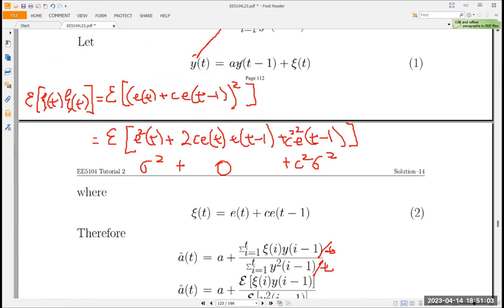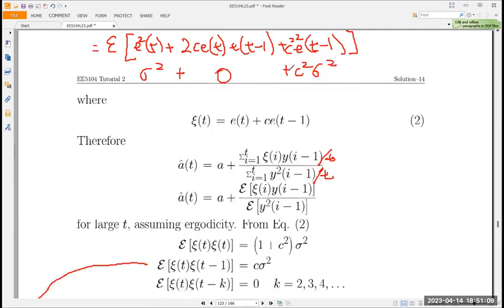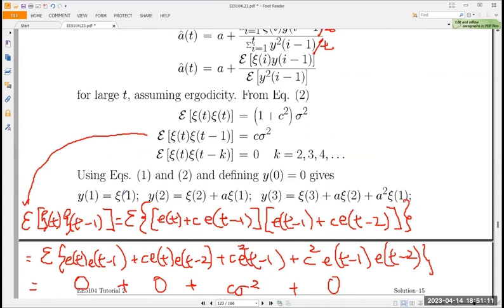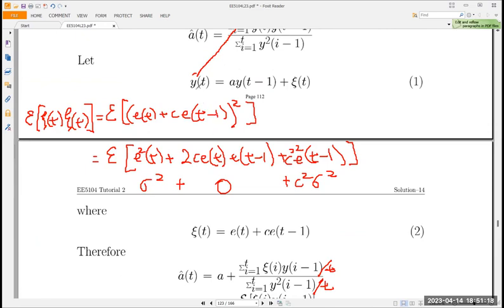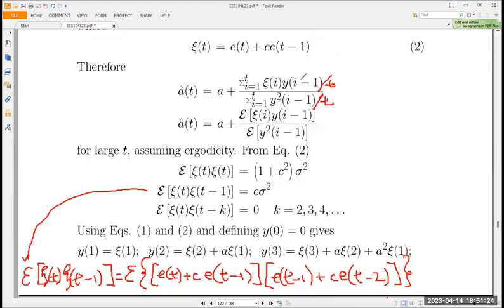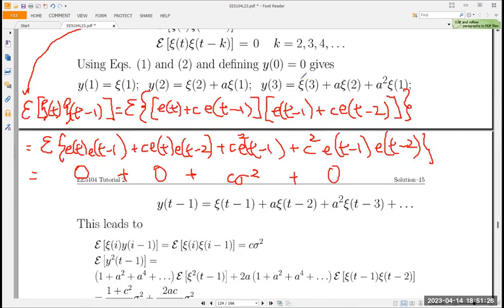If the first sample is 0, then y1 would just be zeta 1. So you get y1 equals zeta 1. Then after that, what is y2? So you look at y2. Y2 would be a times y1, so a times zeta 1, plus zeta 2. So you will then get this.